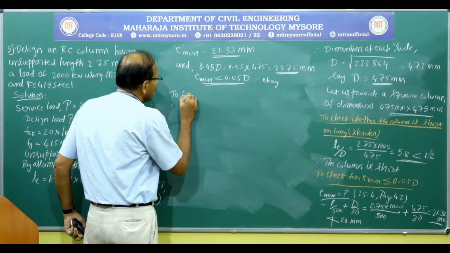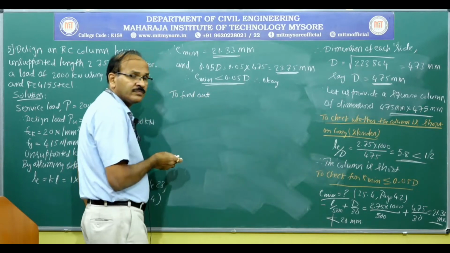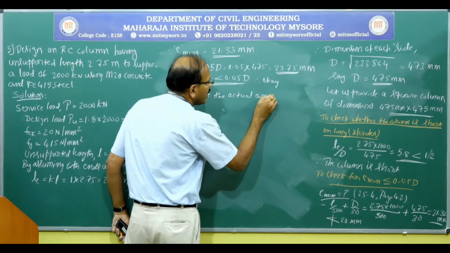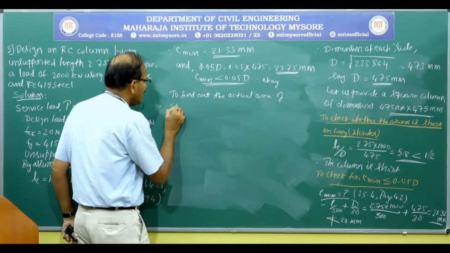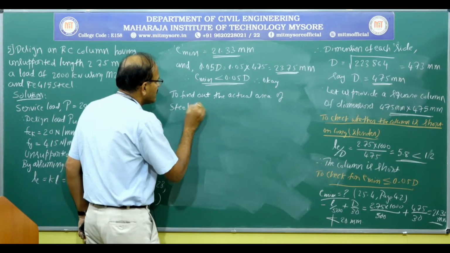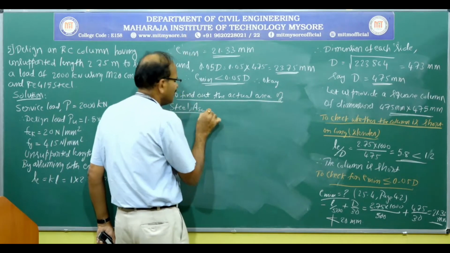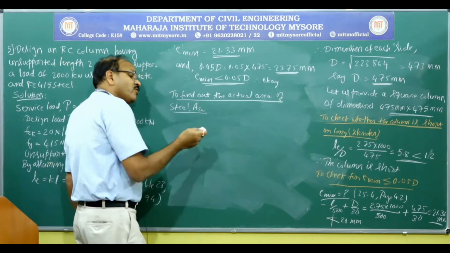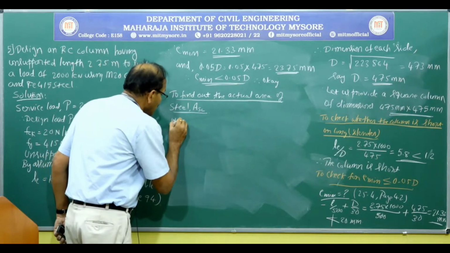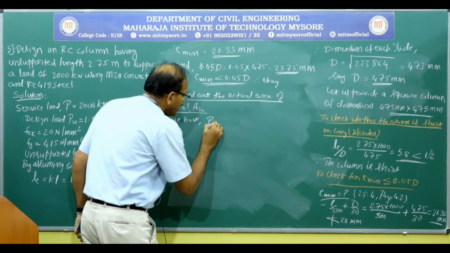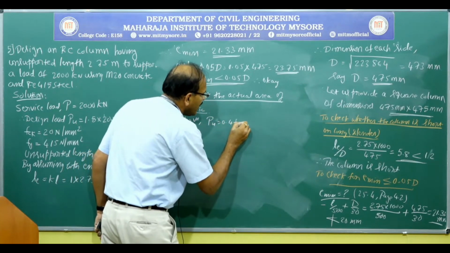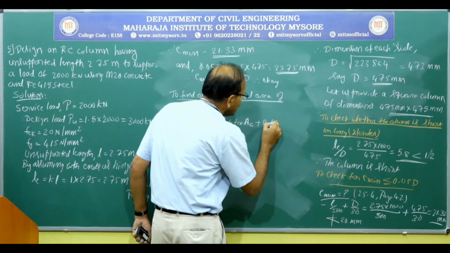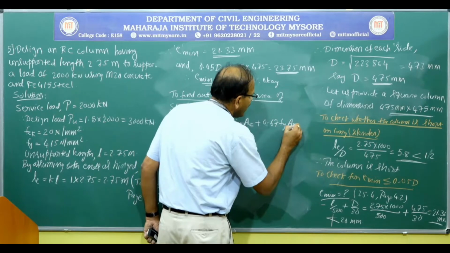To find out the actual area of steel, ASC, again we are going to make use of the same formula. We have Pu equal to 0.4 fck Ac plus 0.67 fy Asc.